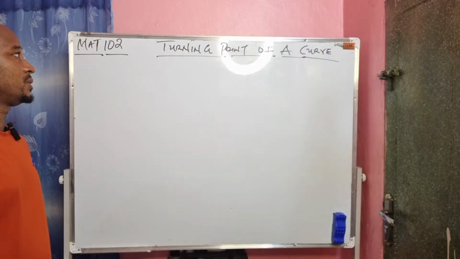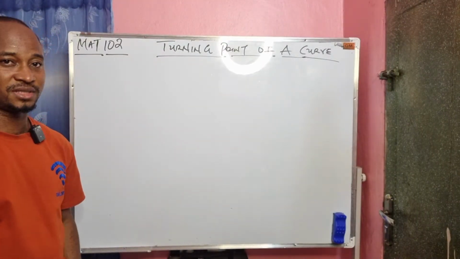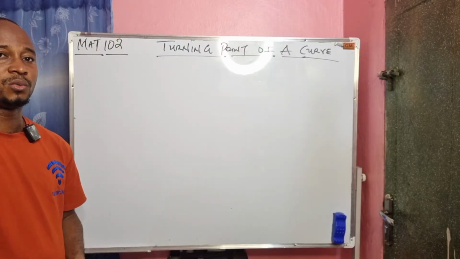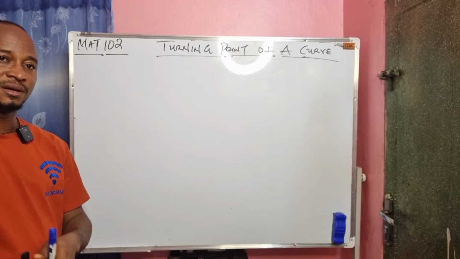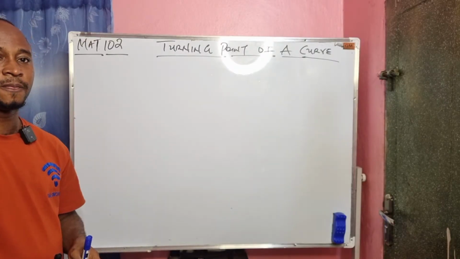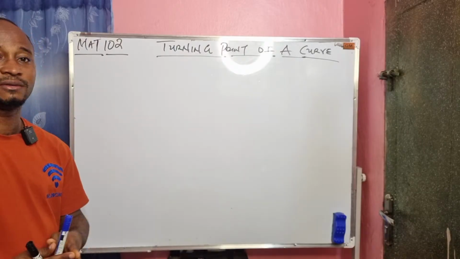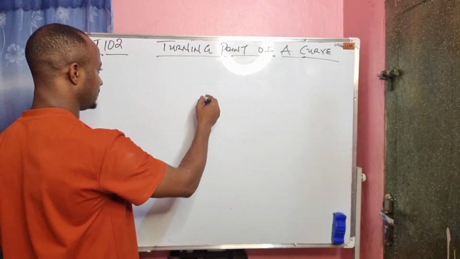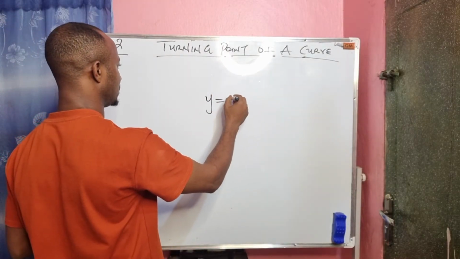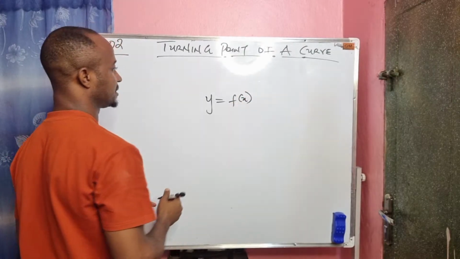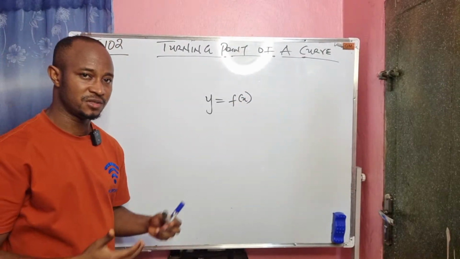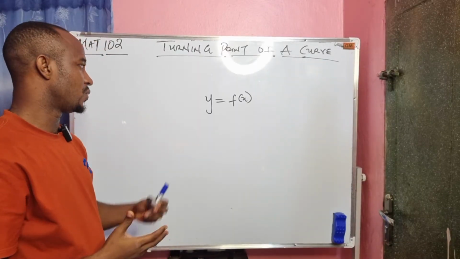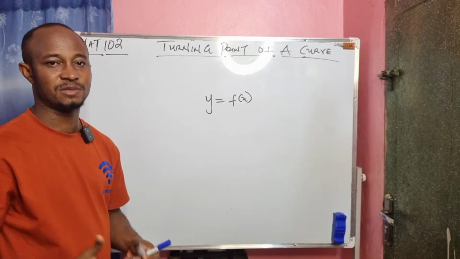All right. Now, in our previous class, we talked about differentiation. In fact, we started by talking about calculus, that it is grouped into two. We have what we call differentiation, which is finding the derivative of a function. Then we also have what we call integration. If we have a given function, let's say y equals f(x), we can be asked to find the derivative of this function with respect to a given variable, maybe y with respect to x, or s with respect to y.